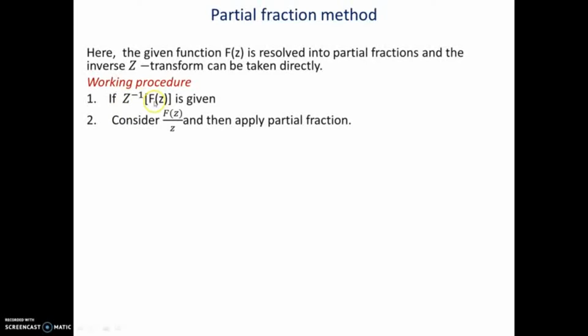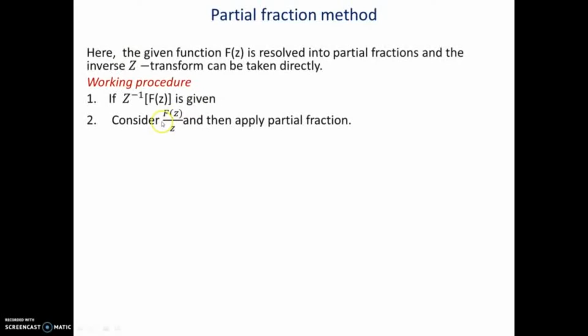If Z inverse of F of z is given, consider F of z by z and then apply partial fractions. It is convenient to write F of z by z and then split into partial fractions because most of the formulas for inverse Z transform have z in the numerator.